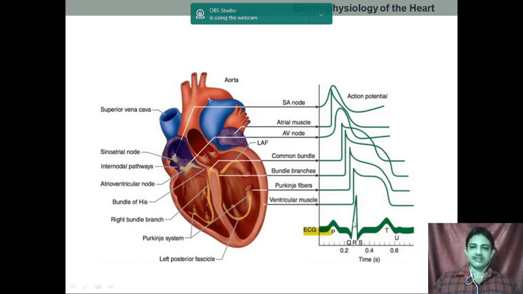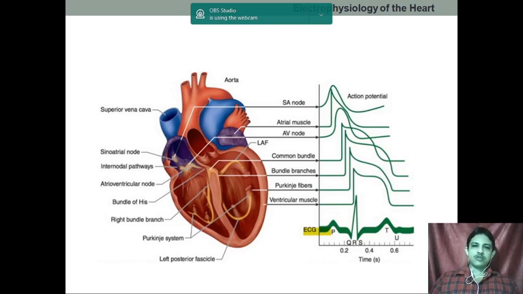This is the ECG graph. Now how did this ECG graph come out like that? This is the explanation. We need to consider all the action potentials generated from the different parts of the heart. It is not only responsible on the SA node or only the AV node, it is responsible for all.